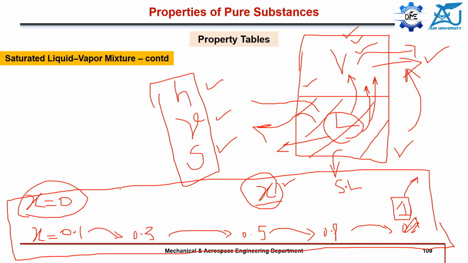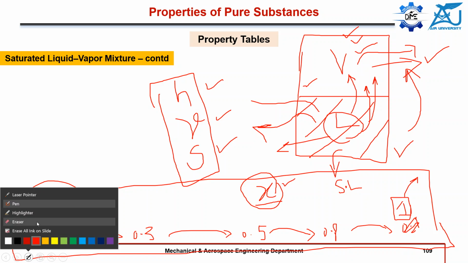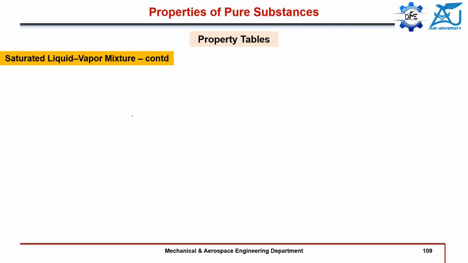Let's take another example. If the liquid has a specific volume, for example 0.00001 meter cube per kg, I'm just giving you an example, this is for liquid, so this means vf.